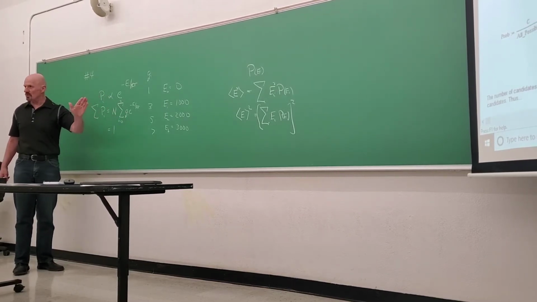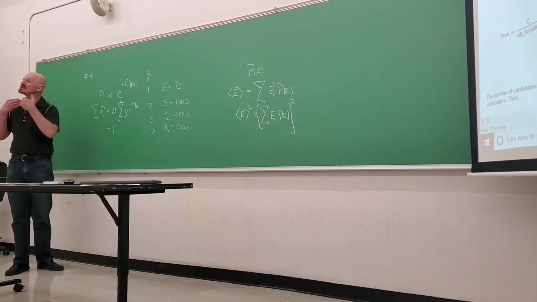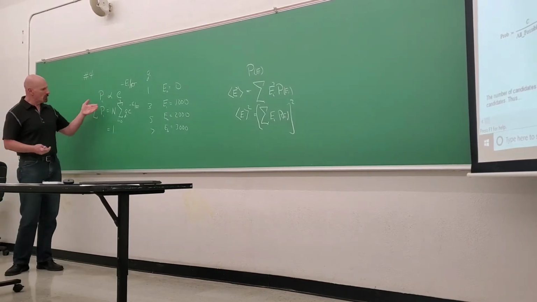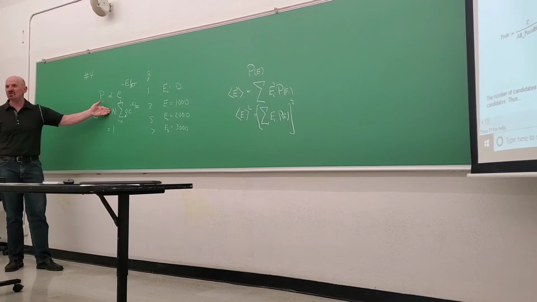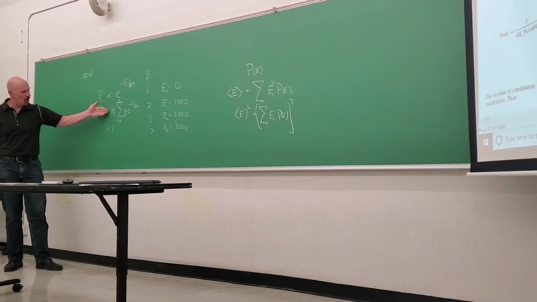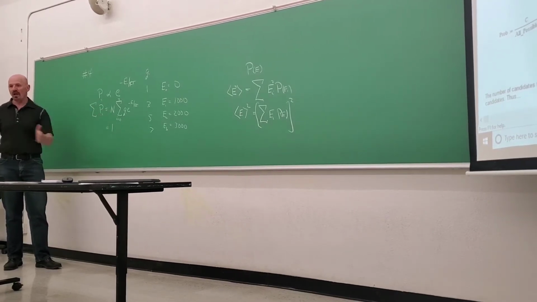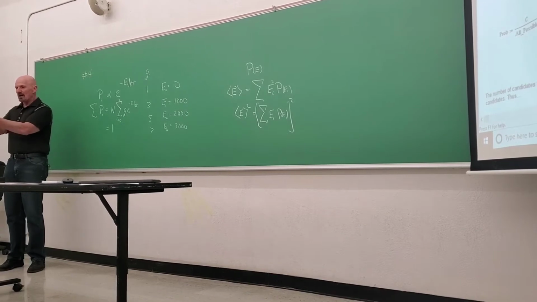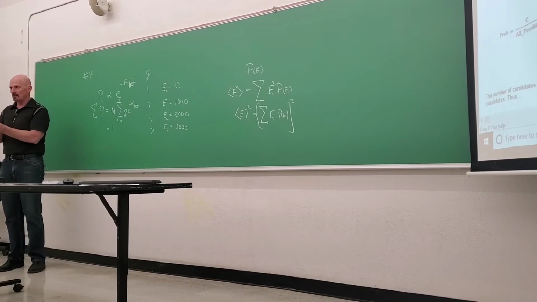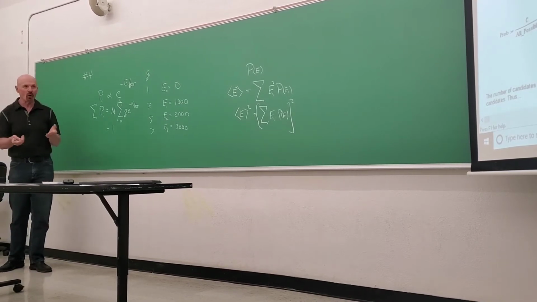You'll have 4 terms, you'll add them all up, and you're going to produce a number. That number multiplied by the normalization constant will be equal to 1. So you'll have N multiplied by a number equal to 1, and you'll be able to find what N is. That'll be your normalization constant that we've been doing over and over again.